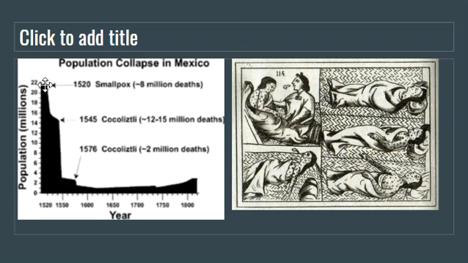They believe there were about 22 million Native Americans in Mexico in about 1500, but by 1576, there's only about 2 million. I mean, over 20 million Native Americans were killed in about 50 years. Their populations went down a lot.